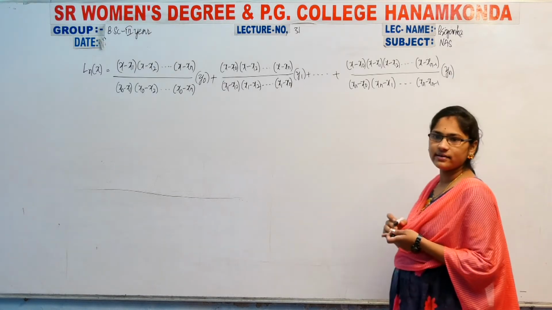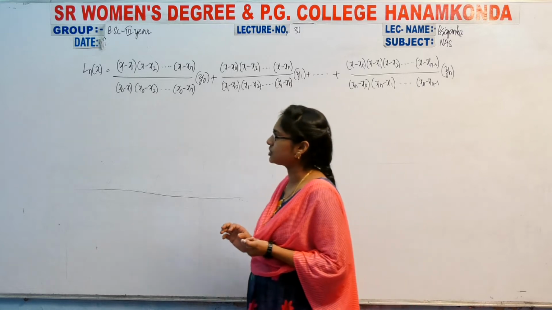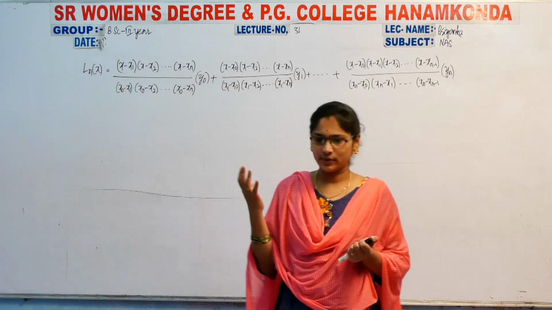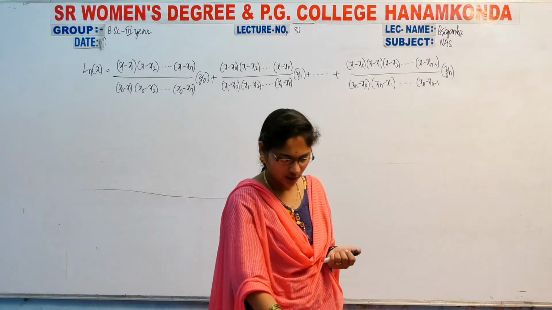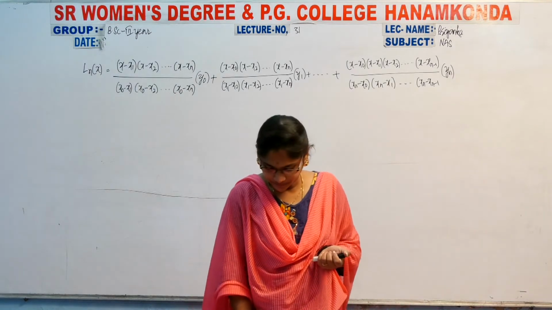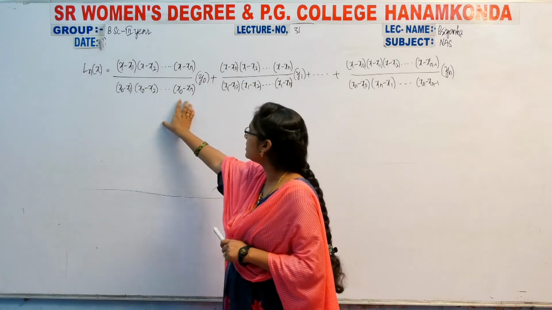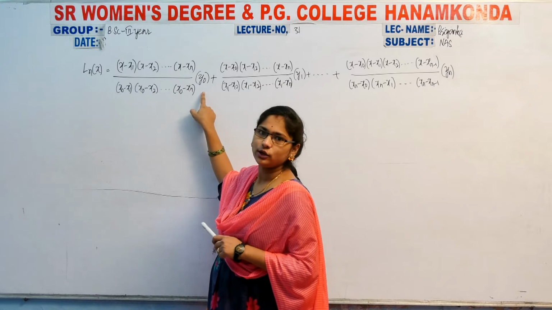So generally I gave this as a polynomial equation. Now I am going to give this polynomial equation in an easy, short way. This is nothing but L naught, actually L naught into y naught.